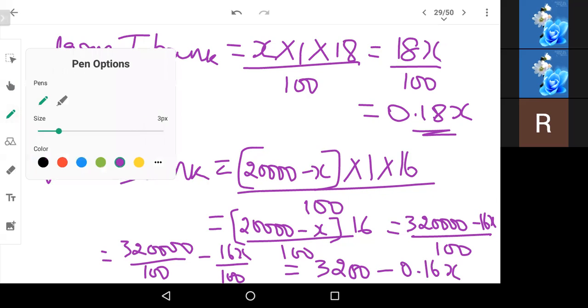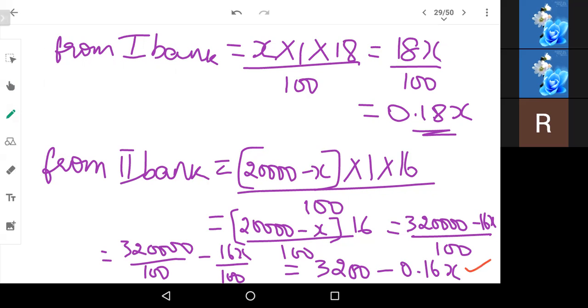So this will be the interest amount from the second bank.